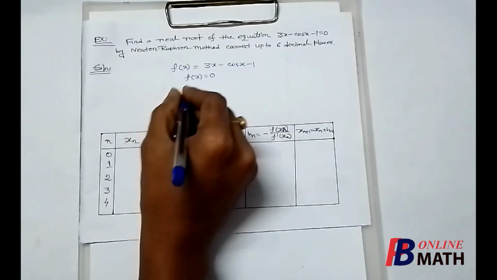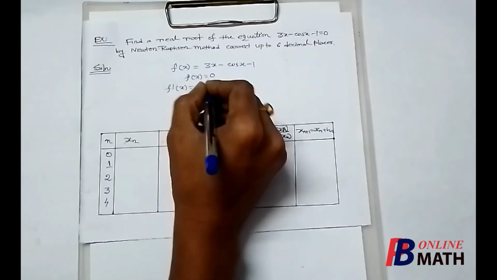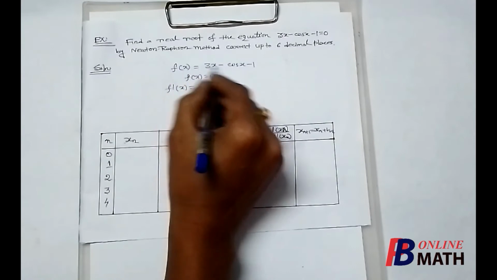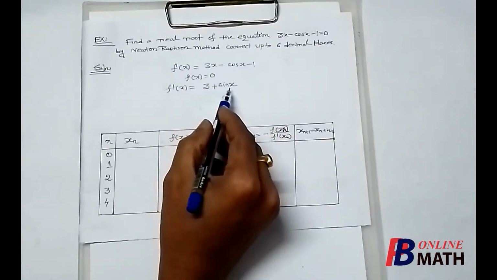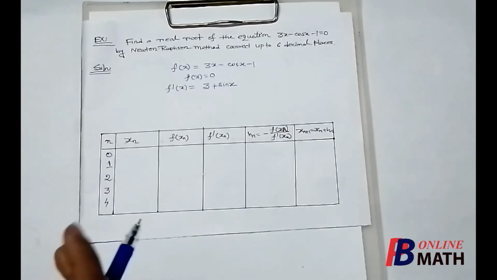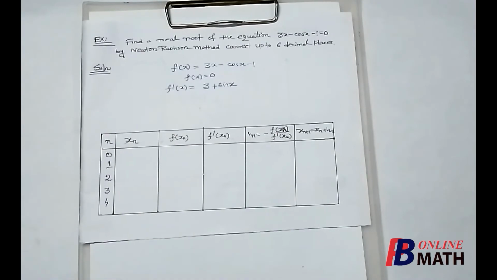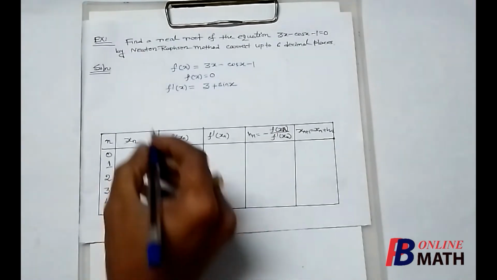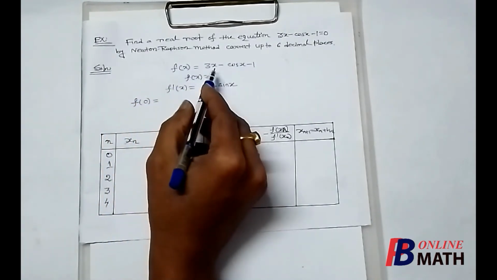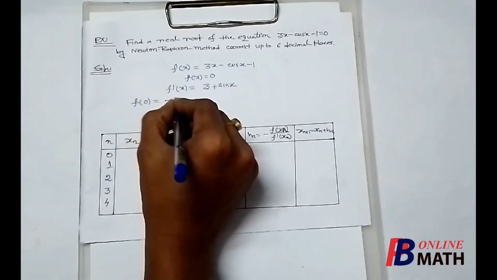Now if we differentiate this function, f'(x) will be 3 plus sin x. So if we differentiate this with respect to x, it will be 3 plus sin x. Now first of all we have to locate, or we have to find some closed interval where a real root exists. So for that we find f(0), and we can easily find that f(0) equal to 0 minus 1 minus 1, it is minus 2, which is less than 0.